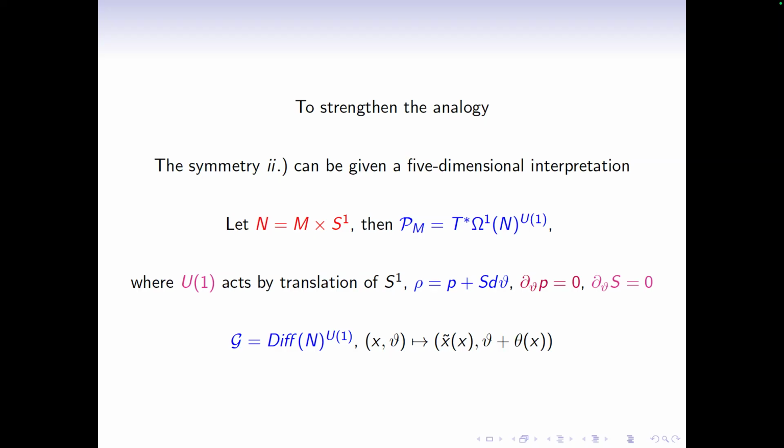And so the decomposition, if let's say the 5-dimensional manifold is a product of M and a small circle, then the group which I was using in this case can be viewed as the group of diffeomorphisms of this 5-dimensional manifold which commute with the circle rotations.